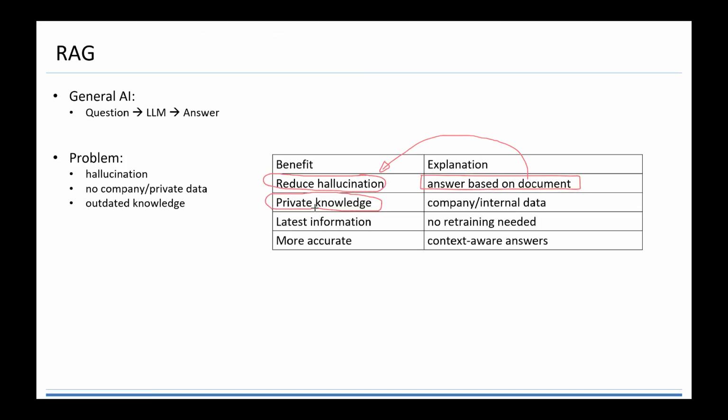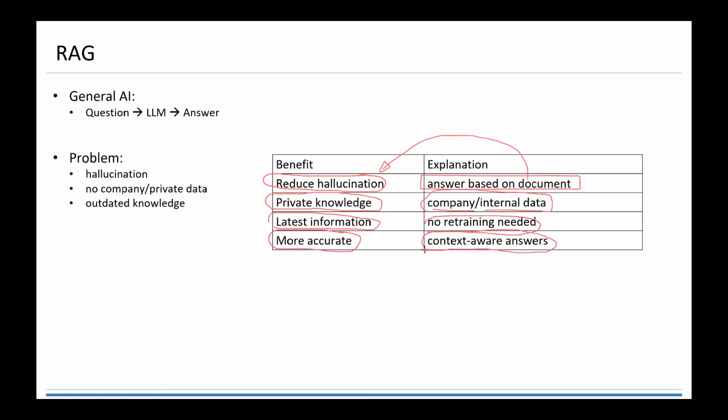For example, you have your company data or internal data, and you do not want to share it with the LLM, because when you share it with the LLM, it means you share your data to the public. And you can get the latest information, you don't need to retrain, and you will get a more accurate answer because the answer is based on the context.